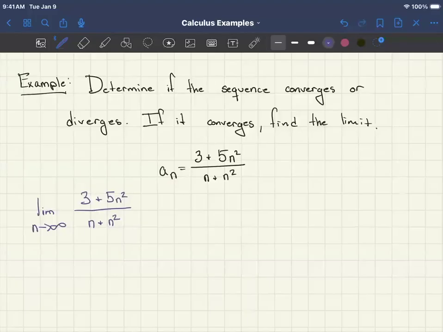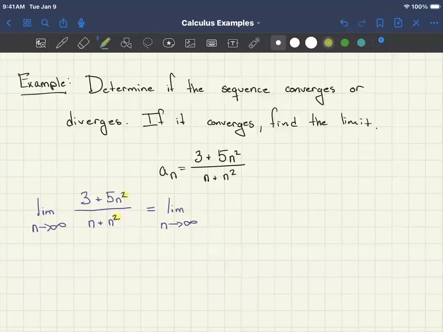So it's a little technicality, but it's not that important. Now that we have it written as a limit, if you recall a long time ago when we talked about limits, and you're taking the limit of a polynomial divided by a polynomial, you look for the highest power on both the numerator and the denominator, and you pull that out.